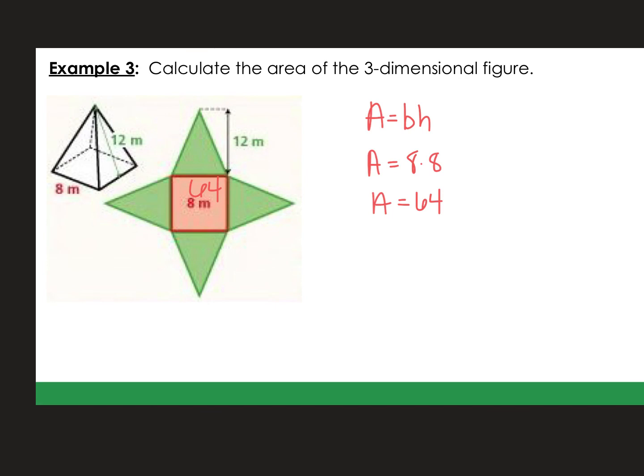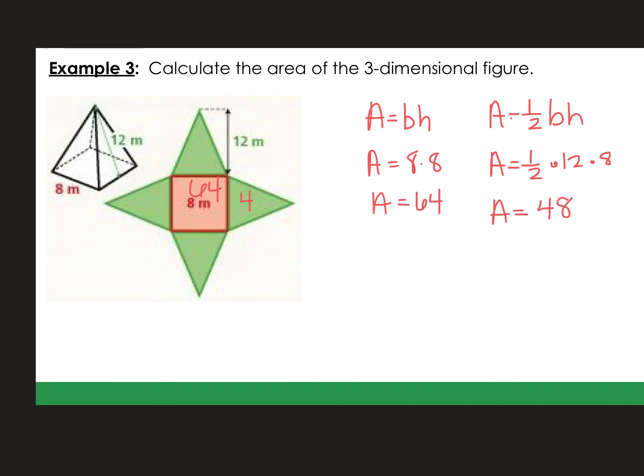And then the other 4 shapes are triangles. So the area for triangles, area equals 1/2 base times height. Our height is 12. And our base is 8. So the area equals 48.